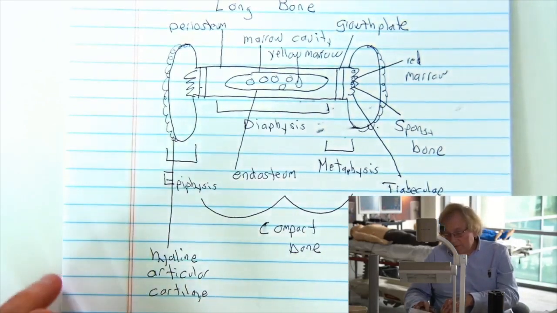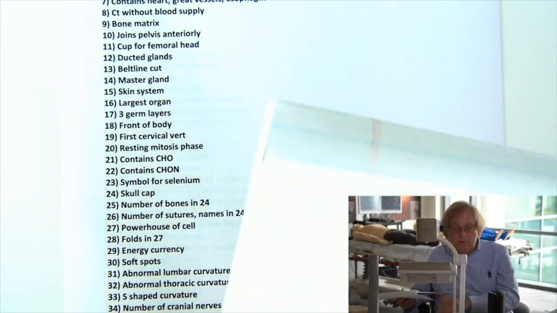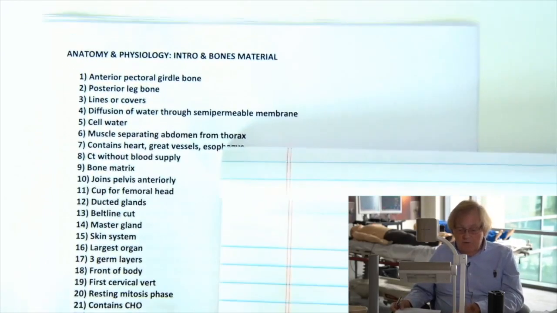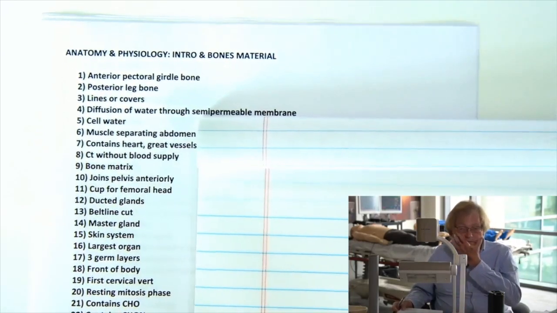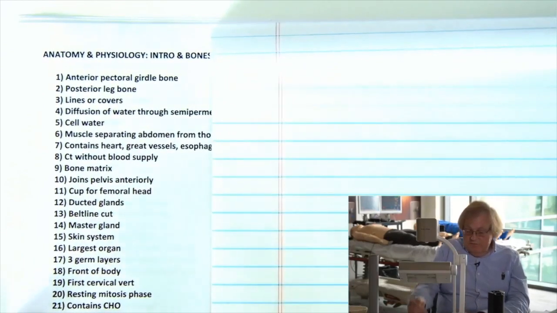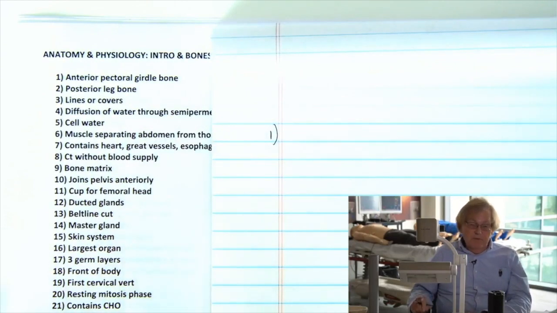So now what we're going to do is take a look at some questions that really do a complete overview of things that are significant in what I would call the introduction and bone material for anatomy and physiology. The first question asks for the anterior pectoral girdle bone.